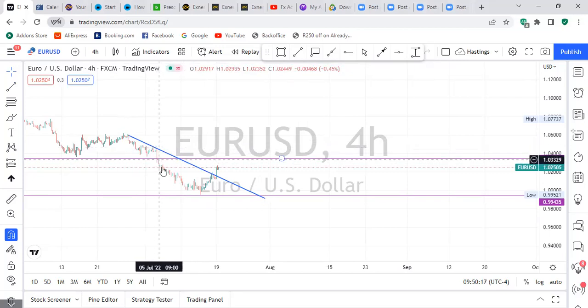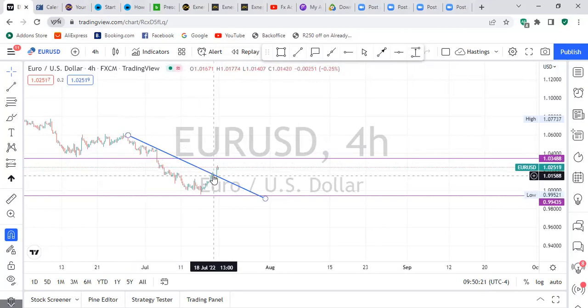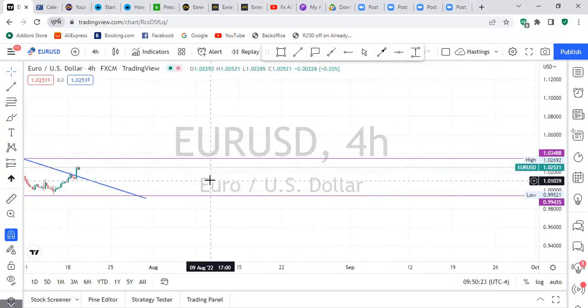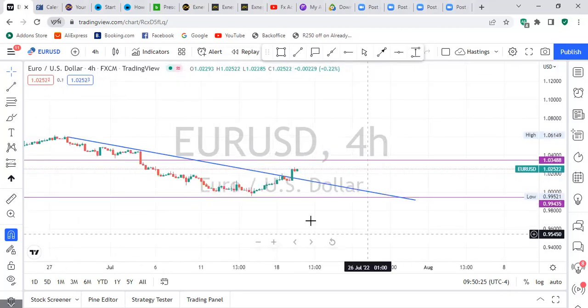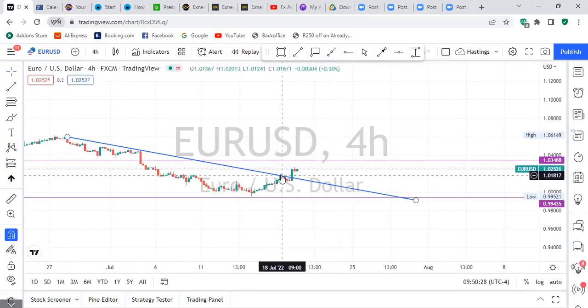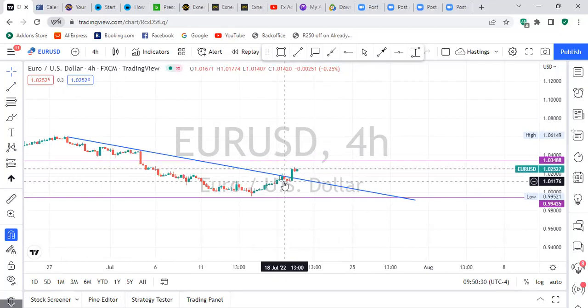And it came down, and it went back again to test it, right? It tested it here, and it failed, and it came back. And then it tested and it broke. So now, if it was acting as resistance here, it is now support.